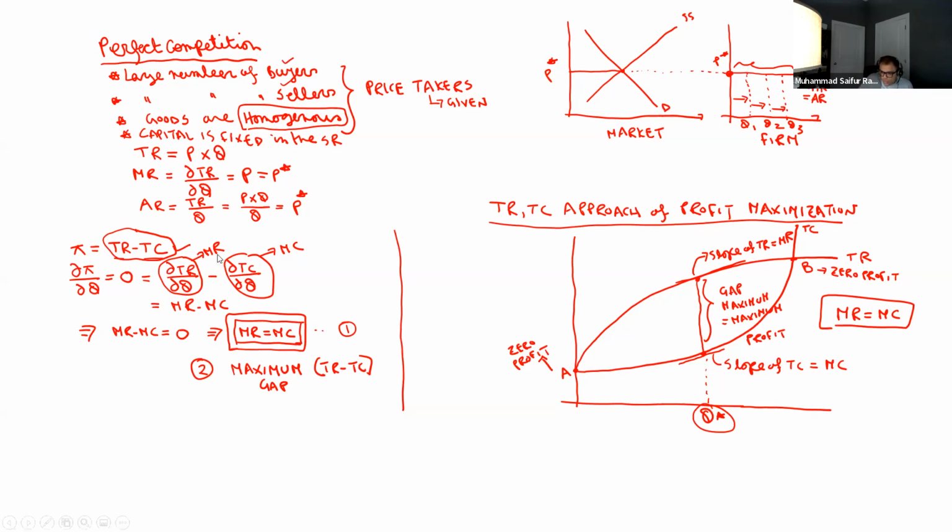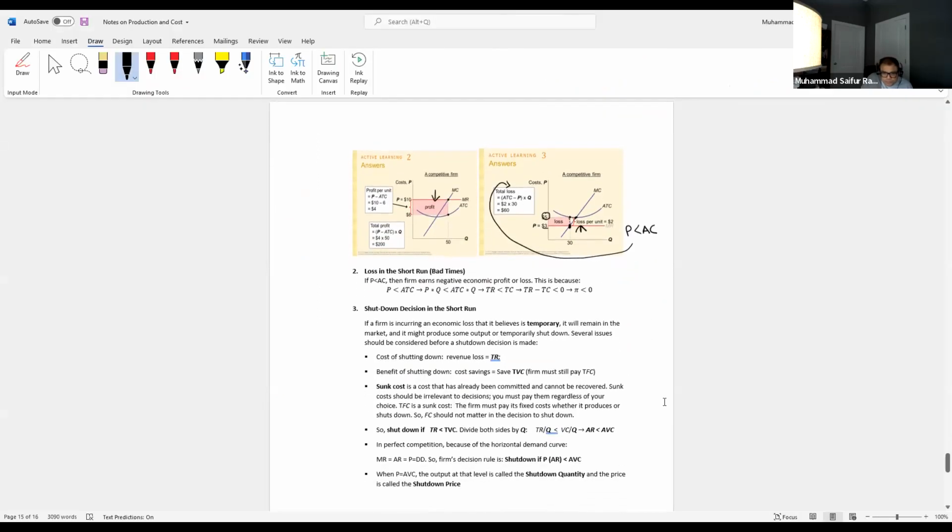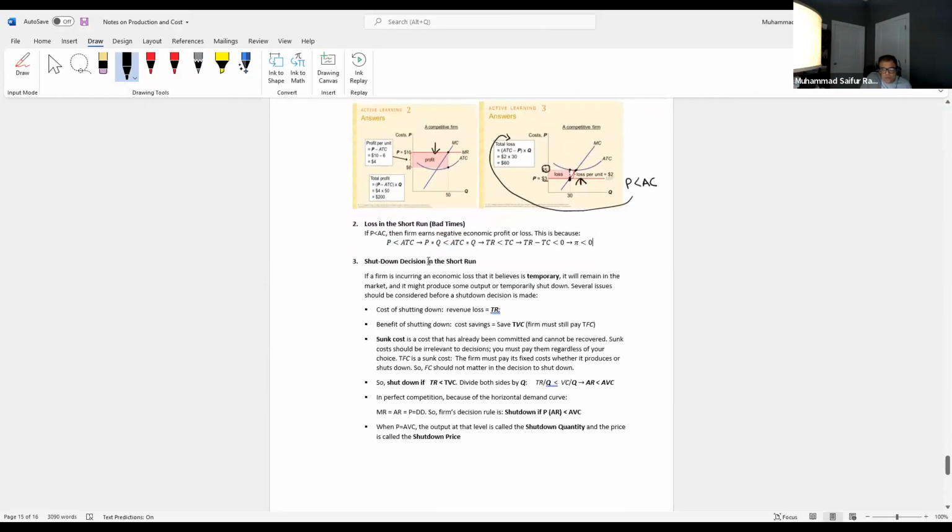Okay, so with that assumption, we are now going to go back to our notes. We will now talk about the shutdown decision in the short run. What is shutdown? Shutdown is a situation where a firm decides that they are earning so much loss that it doesn't make sense for them to continue to produce.